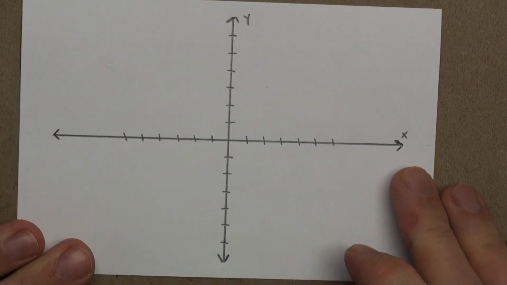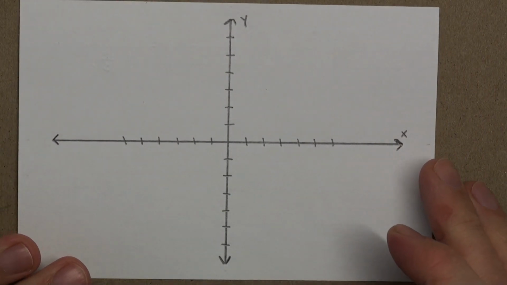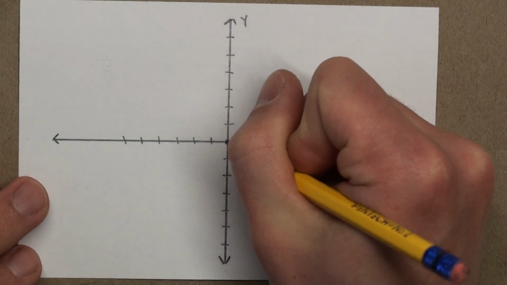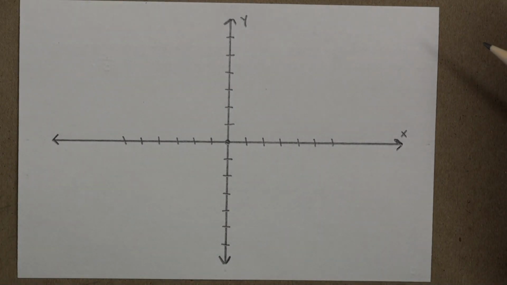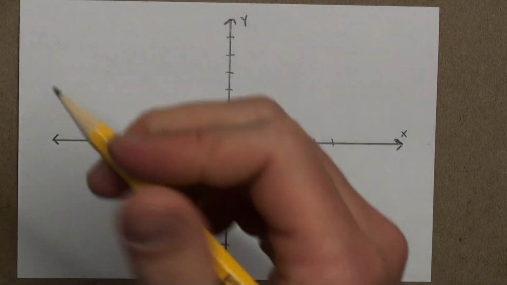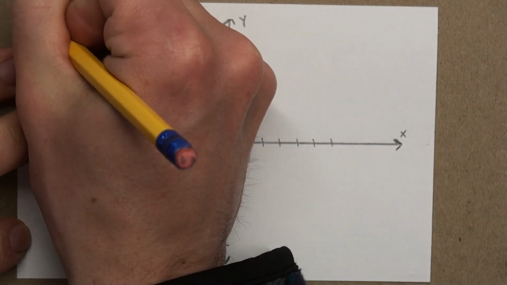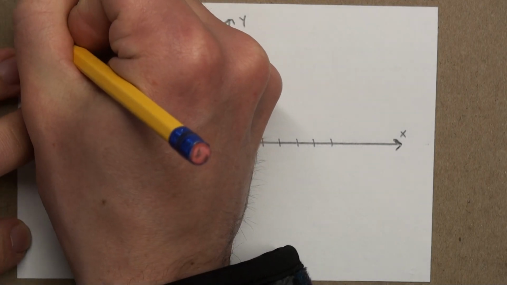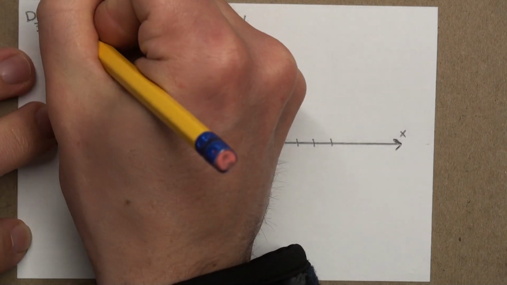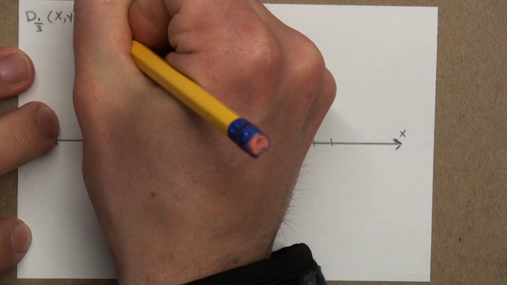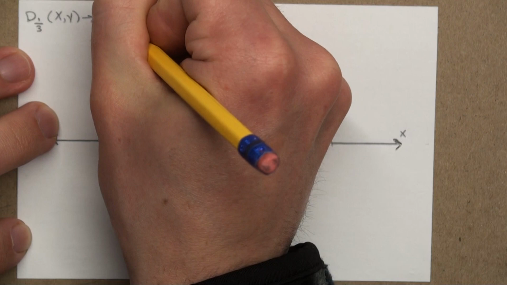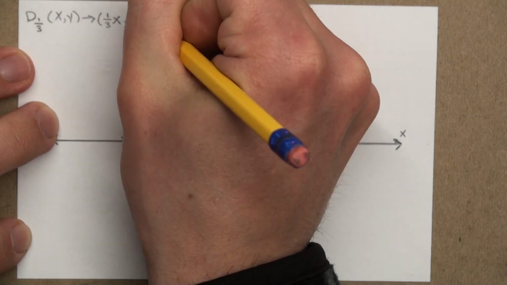Okay, so the original starts here at 0, 0. Yeah, let's do it like this. Our dilation is 1/3, which takes every x comma y point and makes it go to 1/3 x comma 1/3 y.